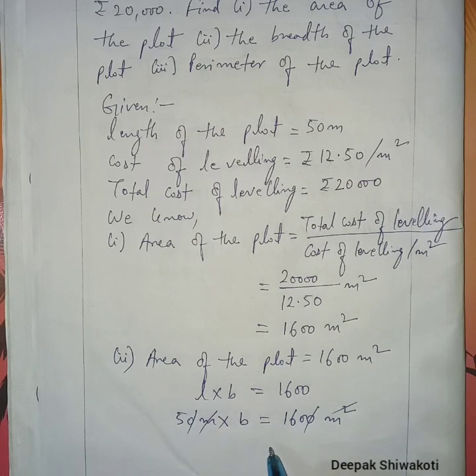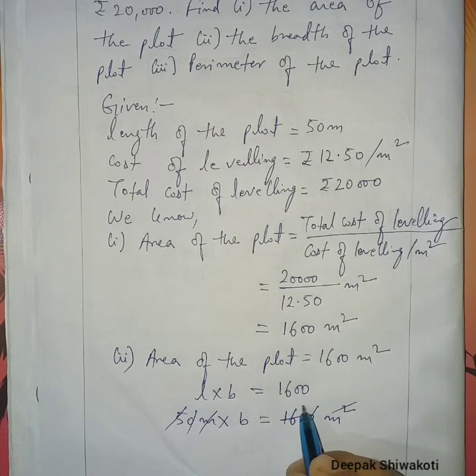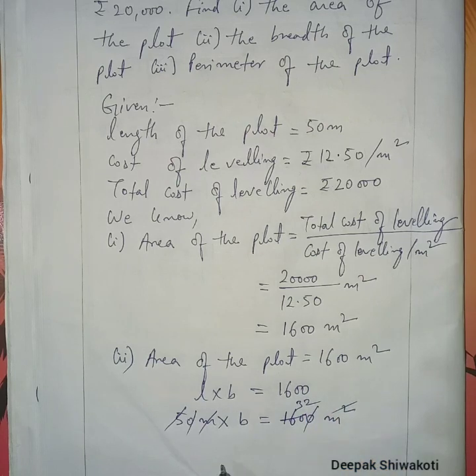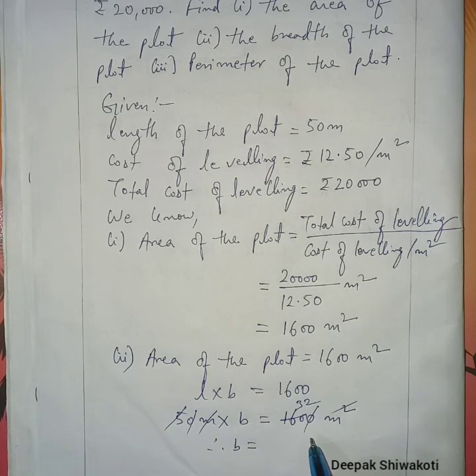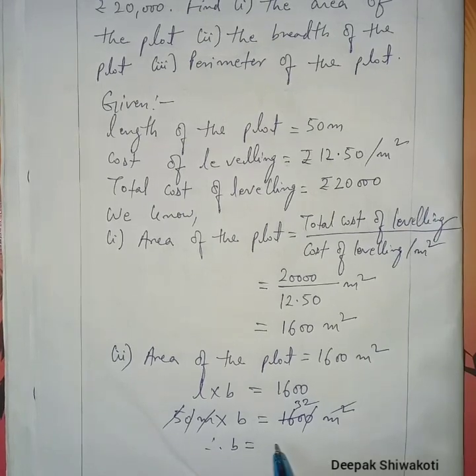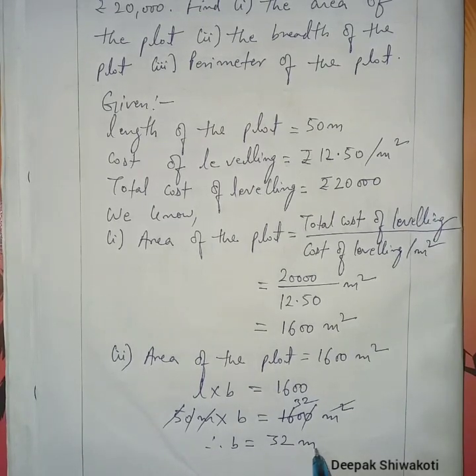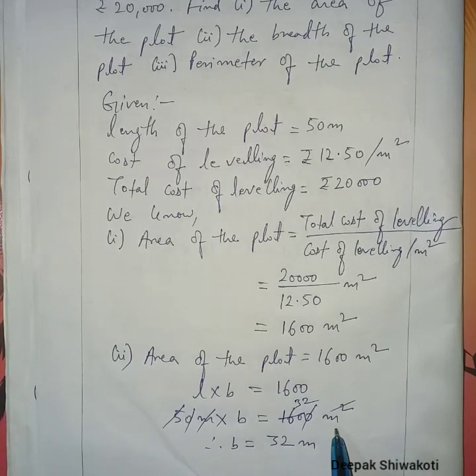And 5 also cancels with this. 5 3 is a 15, 5 2 is a 10. So therefore breadth we got as 32 meter.